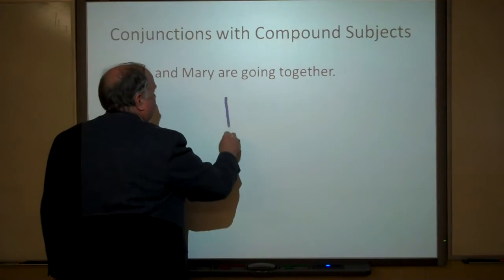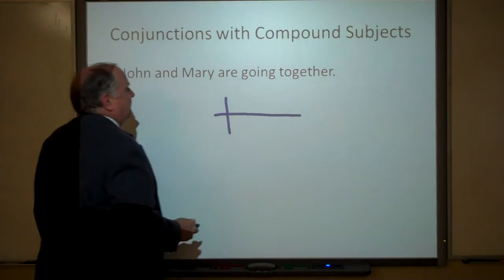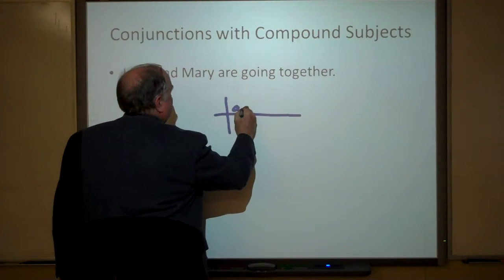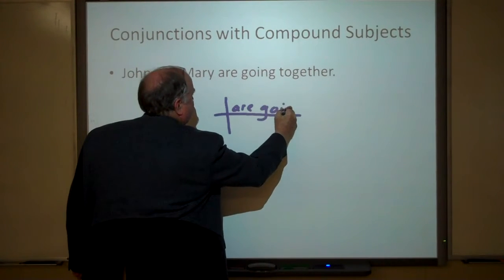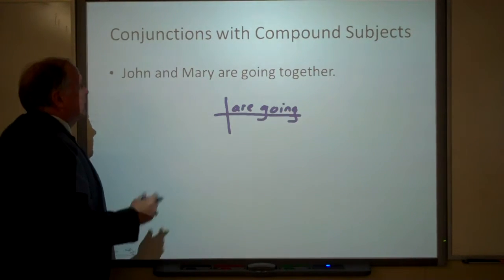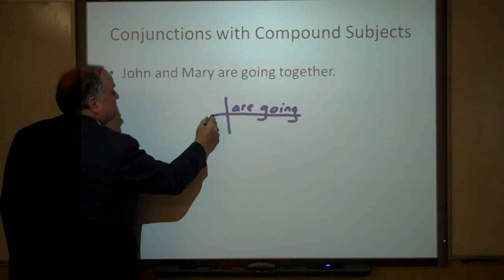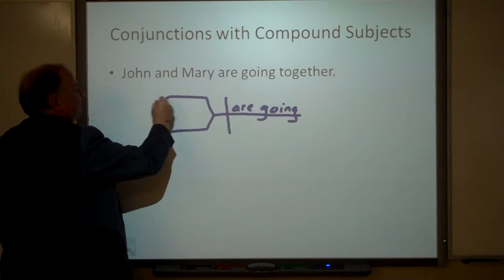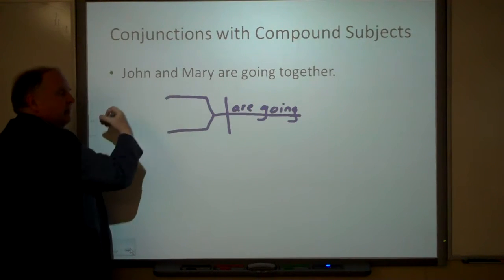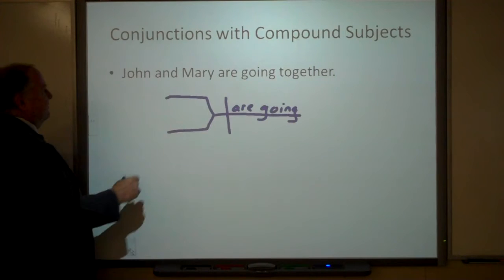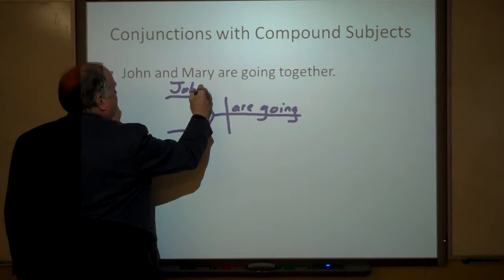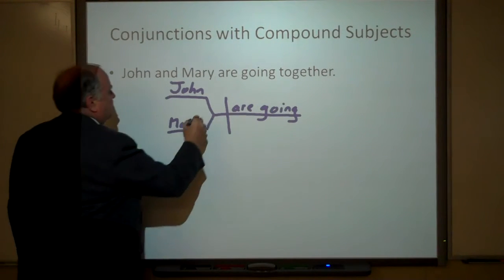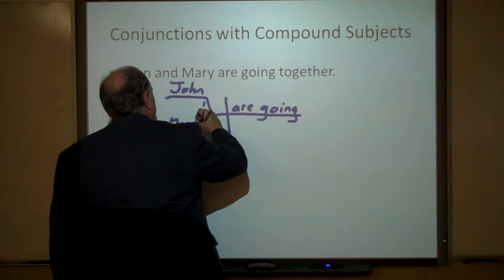We have the main line, and we'll write the verb first, as we usually do: are going. Who or what are going? John and Mary are going. But we split the line like this, which makes sort of a Y with a horizontal extension. So, John, Mary, like that, and then the dotted line for and.